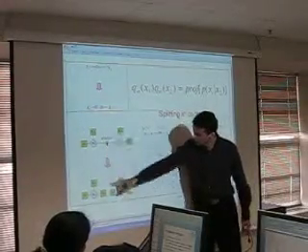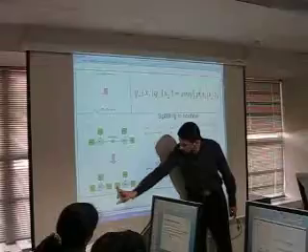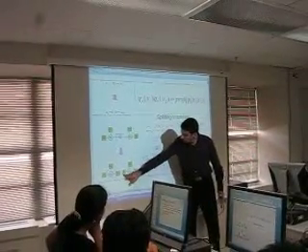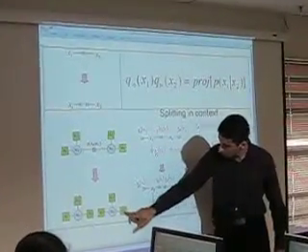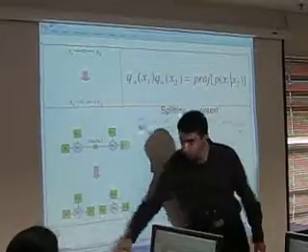The splitting of this factor into Q left and Q right, and you can approximate this by these two and approximate this by these two.